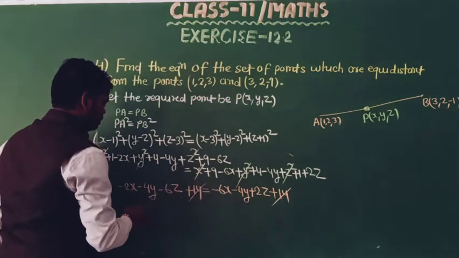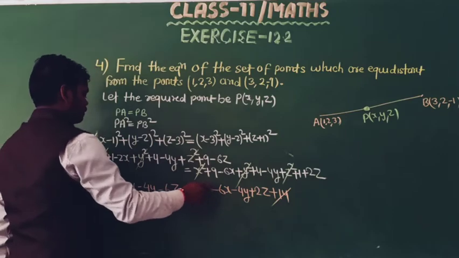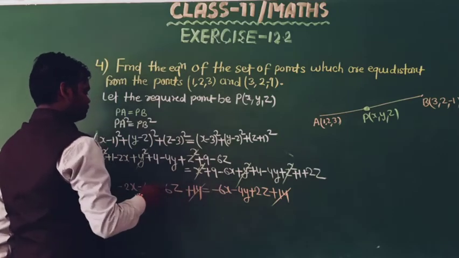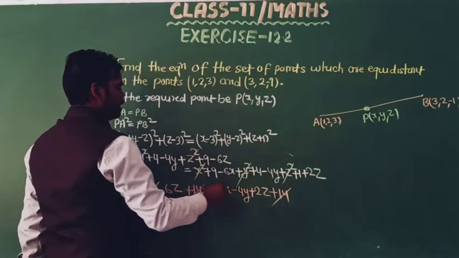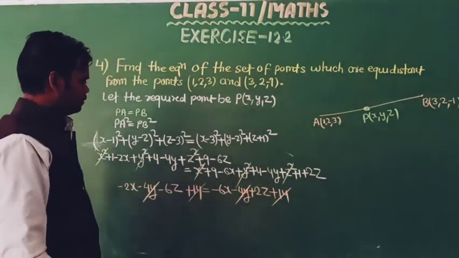Here minus 4y also cancels from both sides.